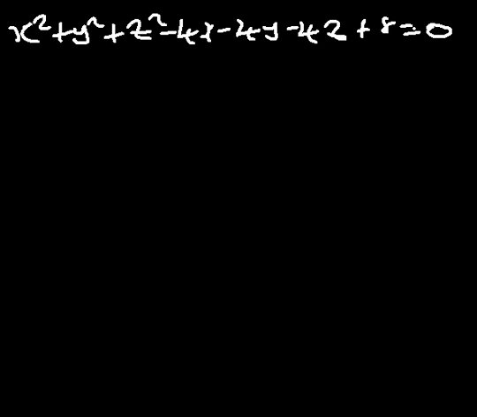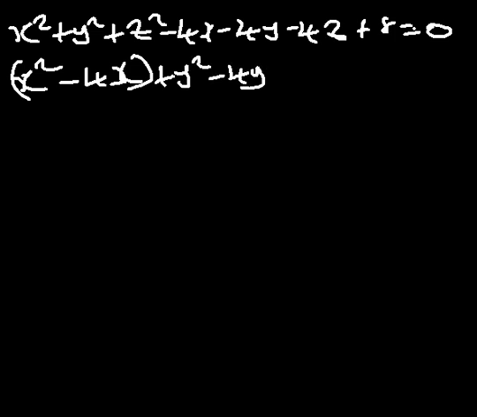So we'll have x squared minus 4x, this is one family. And y squared minus 4y, this is also one family. And z squared minus 4z, this is also one family, which is equal to negative 8.